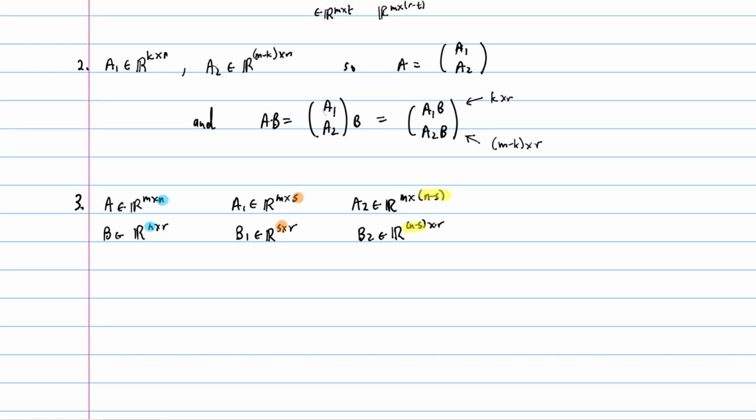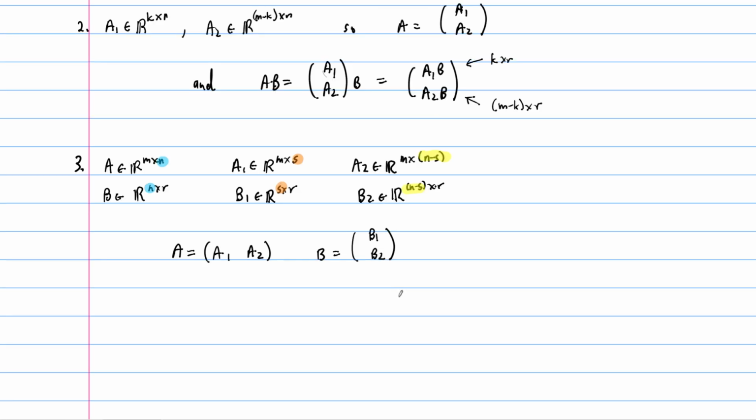Then what we can do is our A will be partitioned by its columns, so it's going to look like A1, A2. B is partitioned by its rows, though, right? So this one's going to look like B1, B2. And then when we multiply these together, look what happens.